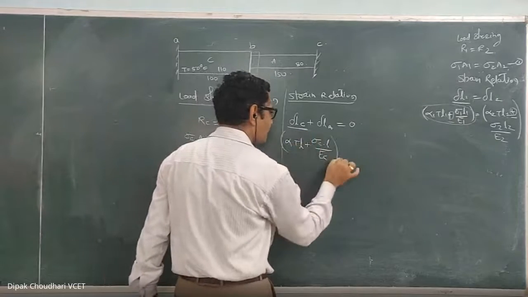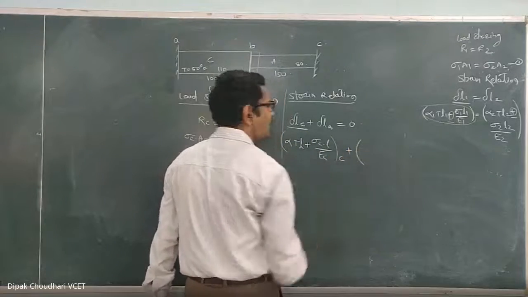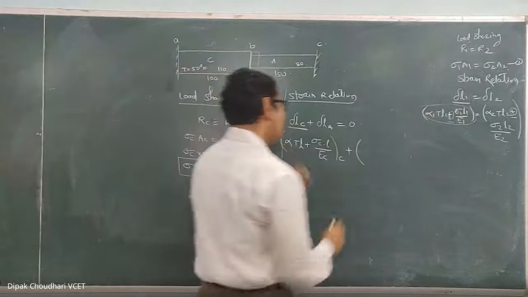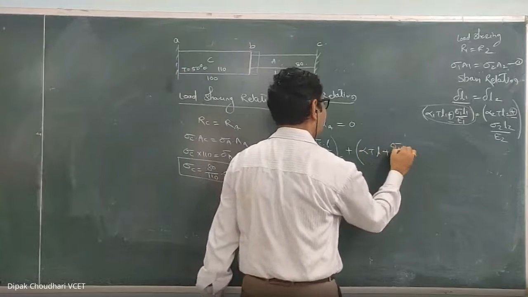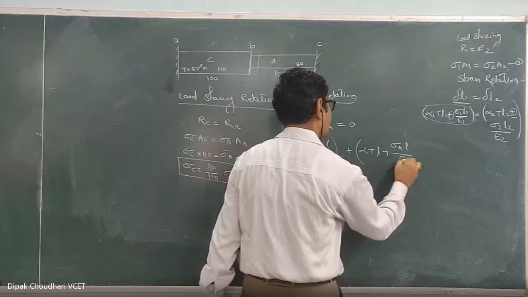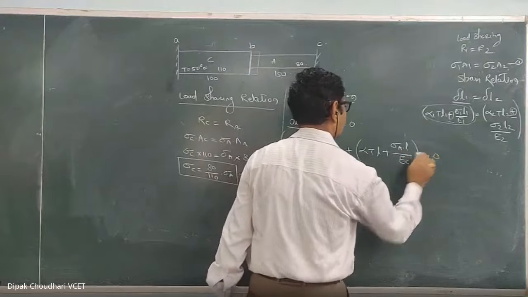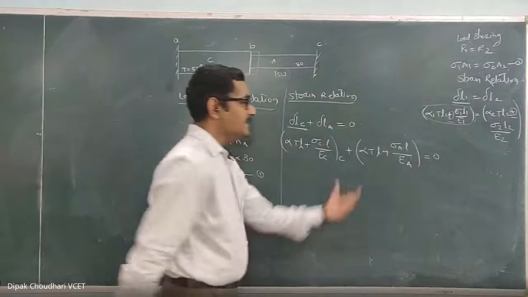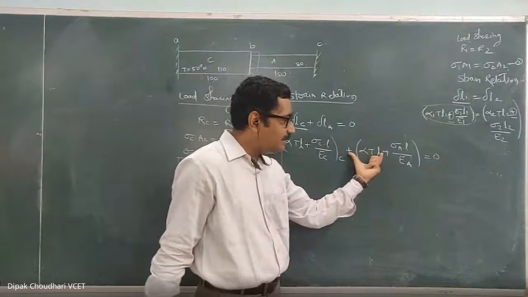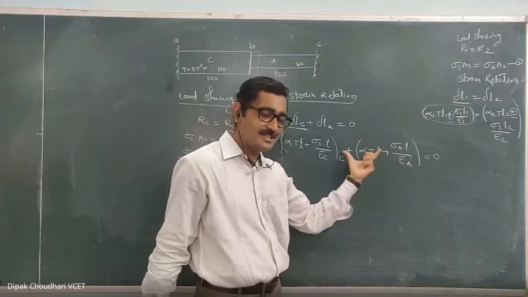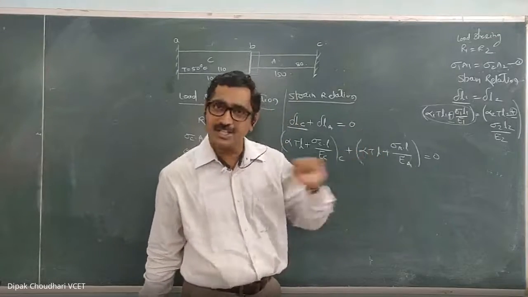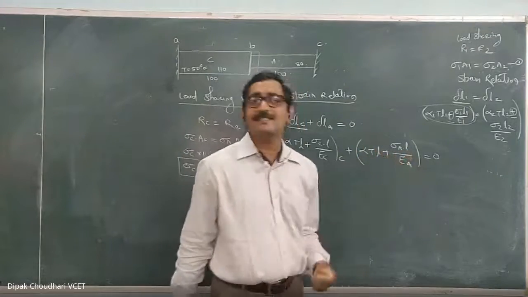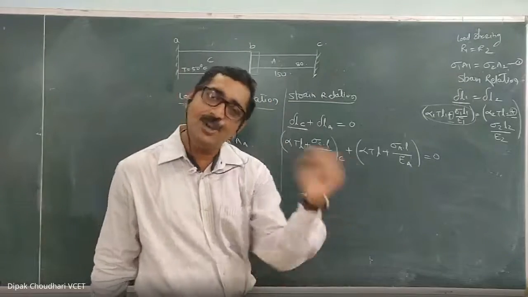This is for copper, plus for aluminium you can write the same formula as it is. In this formula, this term is the change in length because of the change in temperature, whereas this is the change in length because of the reactive force.